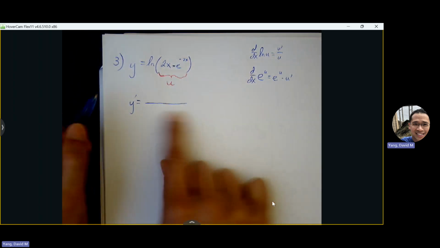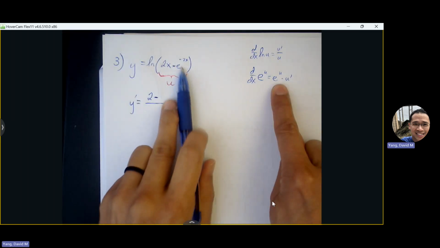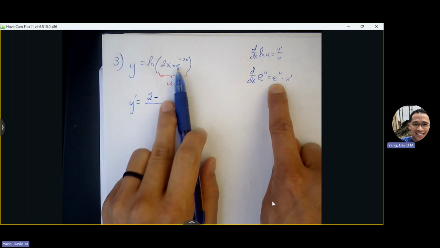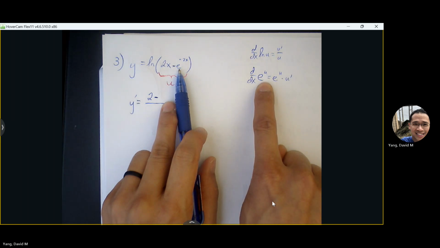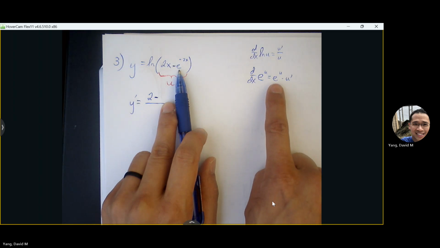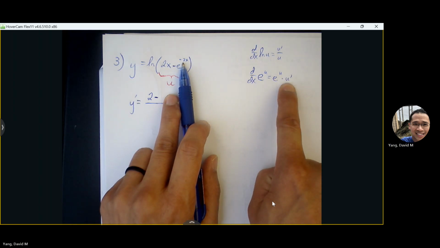Okay, so u prime, we'll just take one term at a time. 2x becomes what? 2 minus, okay, so now we're on to the e to the u rule. So e to the negative 2x becomes what? The original function itself. So e to the negative 2x times what?